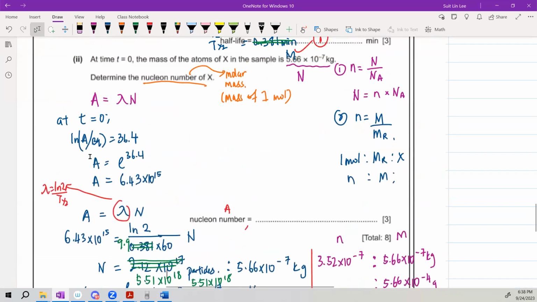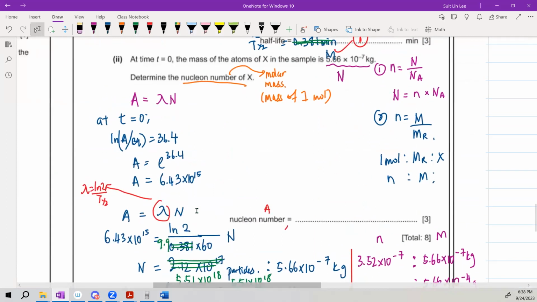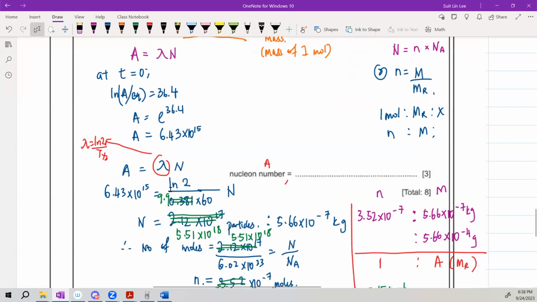Okay, so let's see what we have done. I know that I want to find the number of particles. So I'm going to use A is equal to lambda N. This one is non-negotiable. Okay, so from here, I can see that my A is e to the power of 36.4, which is this one. Right now, to find the number of particles, I will take ln 2 divided by half-life to get lambda.